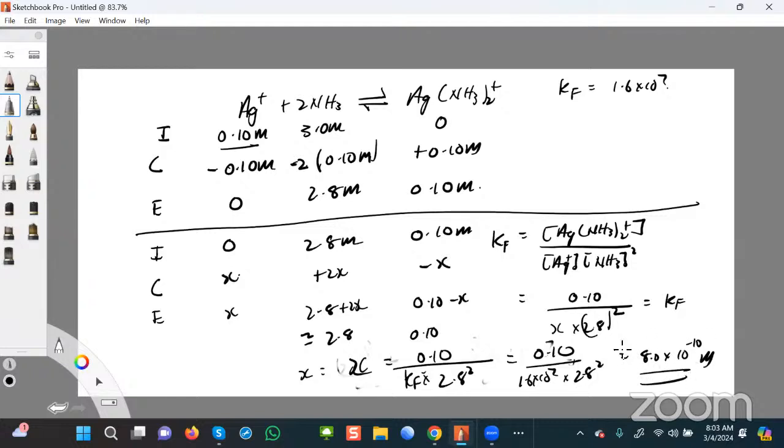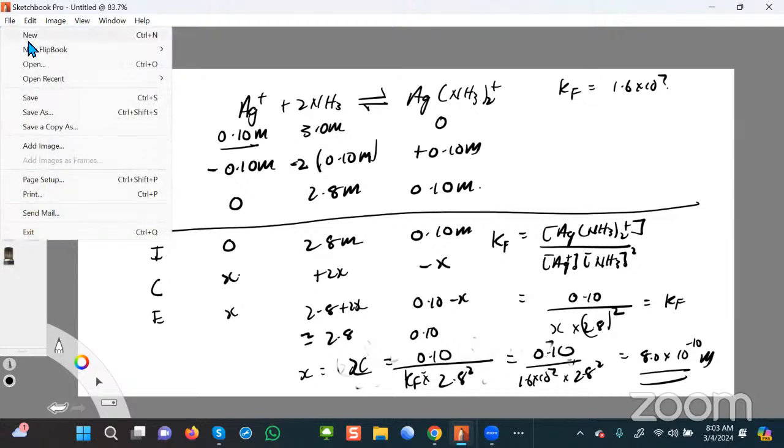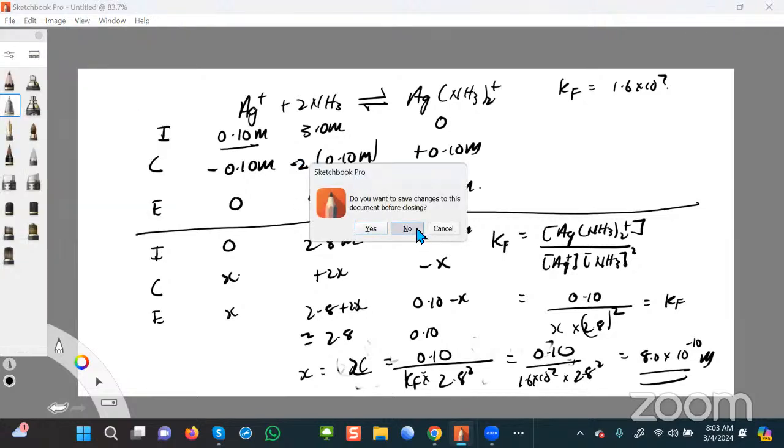So this answer is what we're going to need in order to move on to the next question. 8.0 times 10 to the minus 10. The concentration of the silver ion that we calculated last time is 8.0 times 10 to the minus 10 M. So we're going to need that to answer the last question.